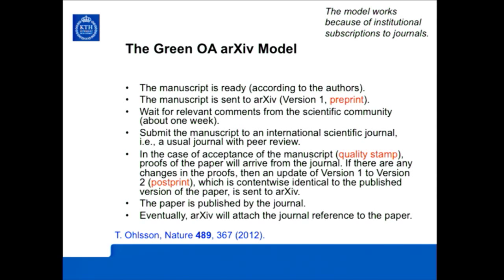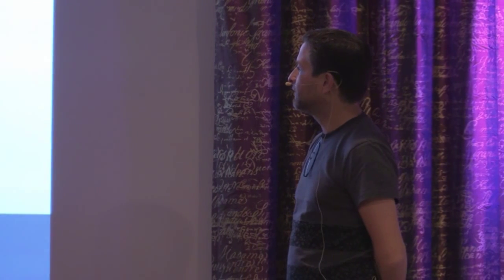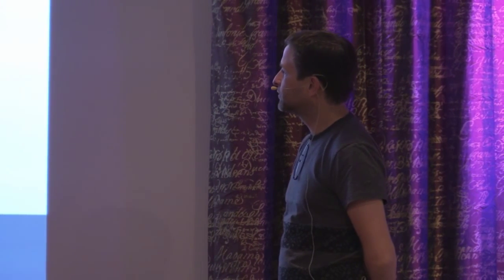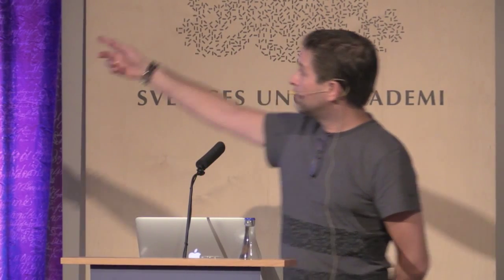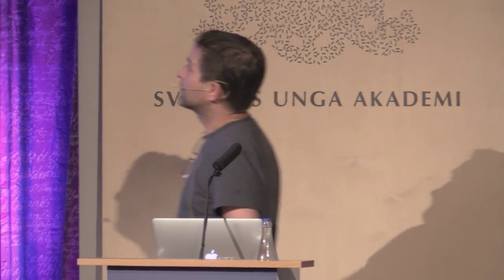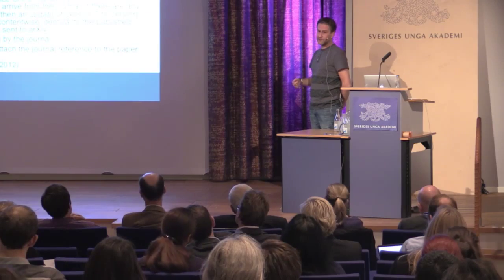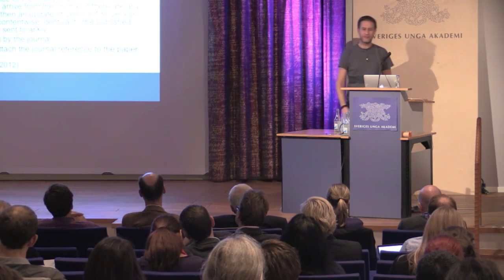That cannot be done, of course, if the journal in question has an embargo or does not allow this. And then the paper is published by the journal, and eventually arXiv will also update the reference on the page for that paper, including the journal reference. So this model basically works due to institutional subscription fees that are paid to the journals by the institutions.